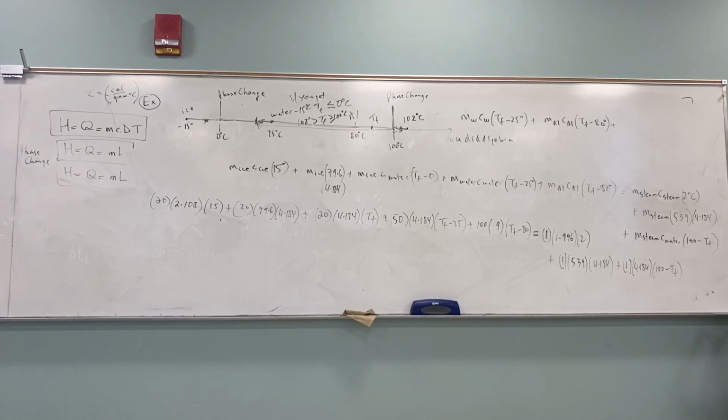Plus the mass times the heat of vaporization times the conversion, plus the mass times the specific heat of water times the change in temperature. Right, everything good? Okay, now go.